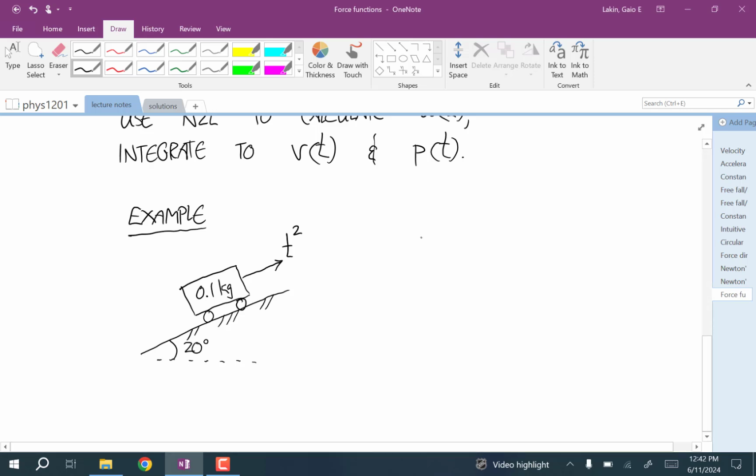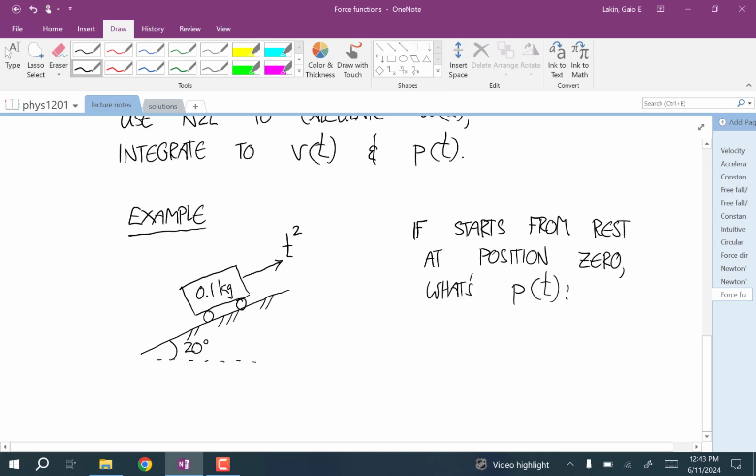And we want to know, if this starts from rest at position 0, what's the function position as a function of time? Okay, so that's what we want to figure out, is position as a function of time.